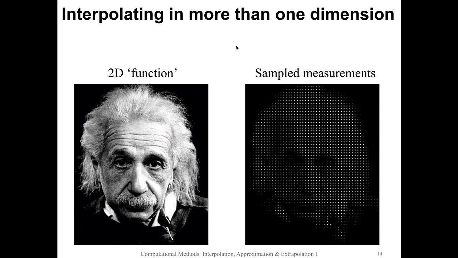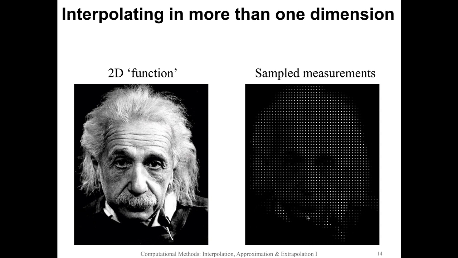We can imagine that we take a sample of measurements from this 2D function. Instead of sampling it continuously in space, we take a regular grid and take a measurement at each location, and so we end up with this dotty little diagram on the right hand side. Let's imagine that we didn't have the original 2D function, but only the sample measurements. Then we would like to reconstruct what the original 2D function was.